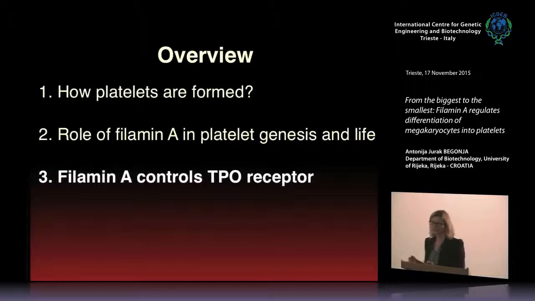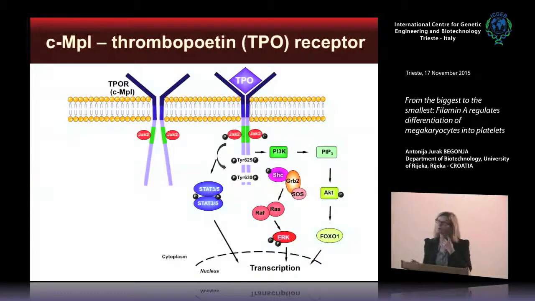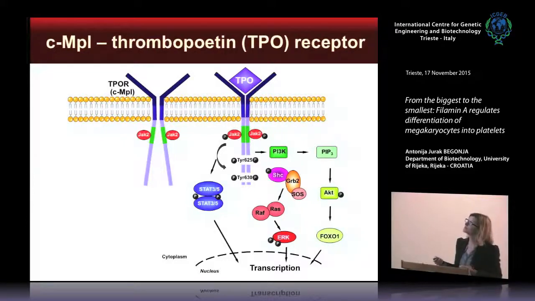Okay, so what about next level of controlling megakaryopoiesis? Filamin A also seems to control TPO receptor. So thrombopoietin or CMPL receptor is a homodimer.